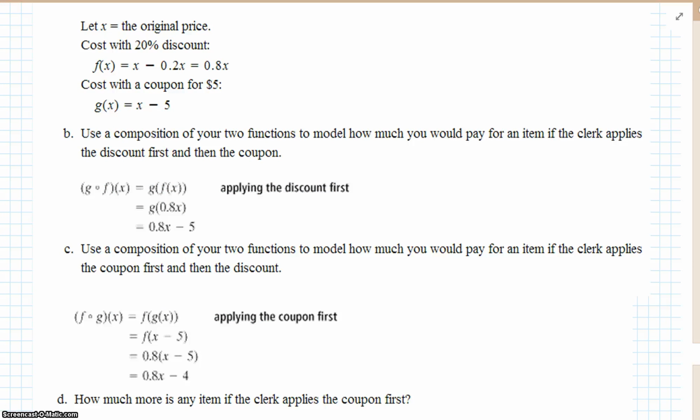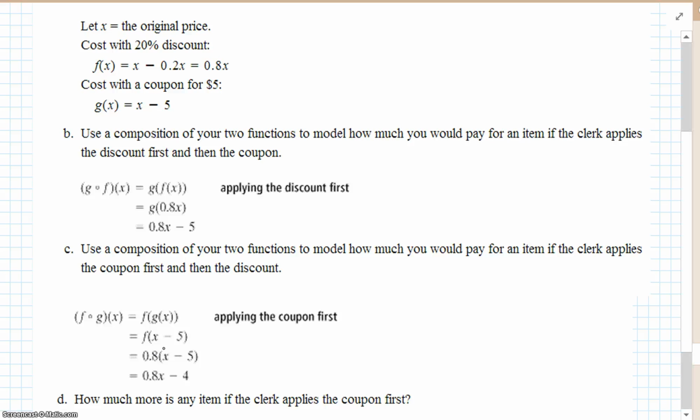Use the composite of your functions to model how much you would pay for an item if the clerk applies the discount and then the coupon. So we apply the discount first, and then apply the coupon. Now use a composite of your two functions to model how much you'd pay if the clerk does the coupon first, then the discount.